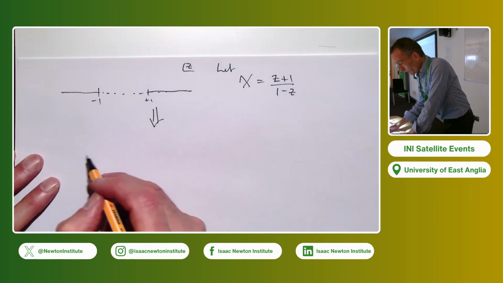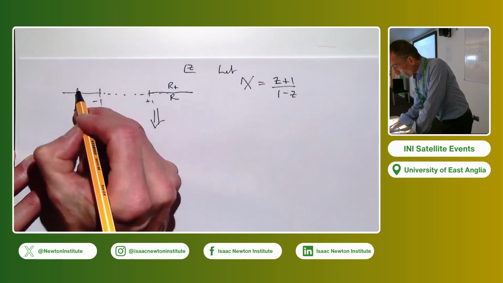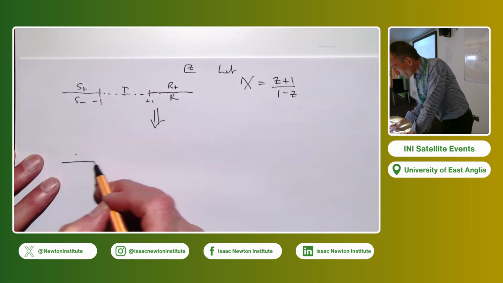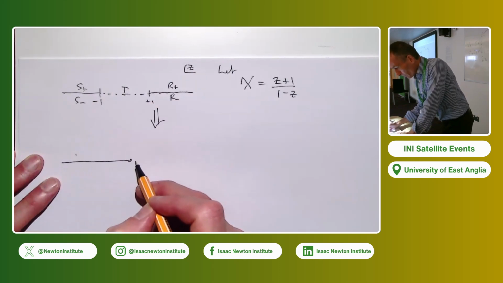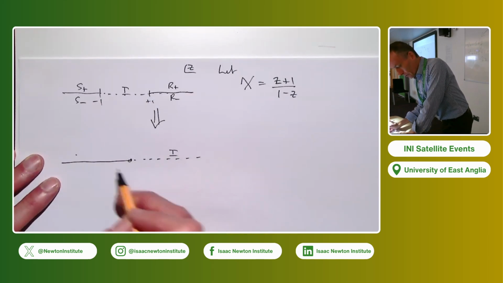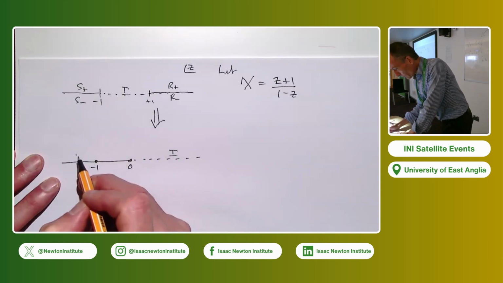This maps to the following thing. Let's call this R plus and R minus, the two sides of that wall, and this S plus and S minus, and this is my interface. I'm just going to write down the correspondences here, and you can check for yourself that I'm right about this.